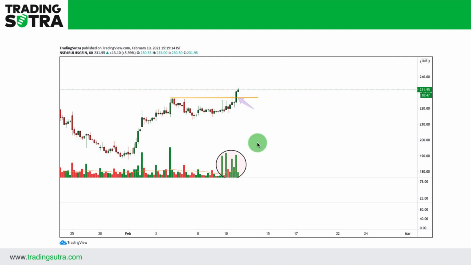In our upcoming videos, I will be updating more examples on this strategy, and will review this stock, and we'll see how the stock has performed after this breakout. You can backtest this strategy and apply it practically, either for intraday, swing trading or for investment purposes. It can be applied on any kind of trading.